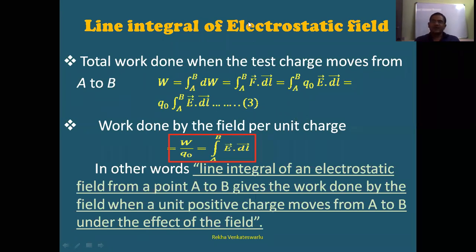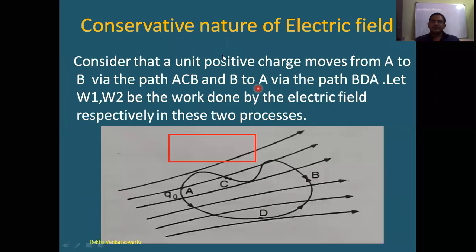Now, what is the conservative nature of the electric field? In general, we explained what a conservative field is and what a non-conservative field is. Here I am insisting that the electrostatic field is a conservative field, so we have to prove that. What are the characteristics of a conservative field?